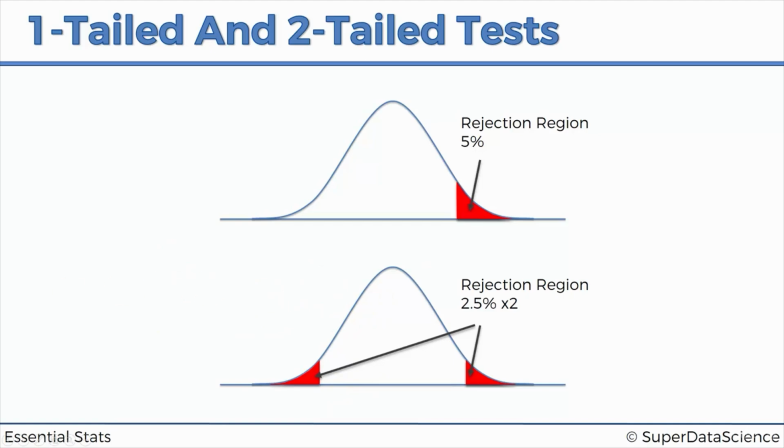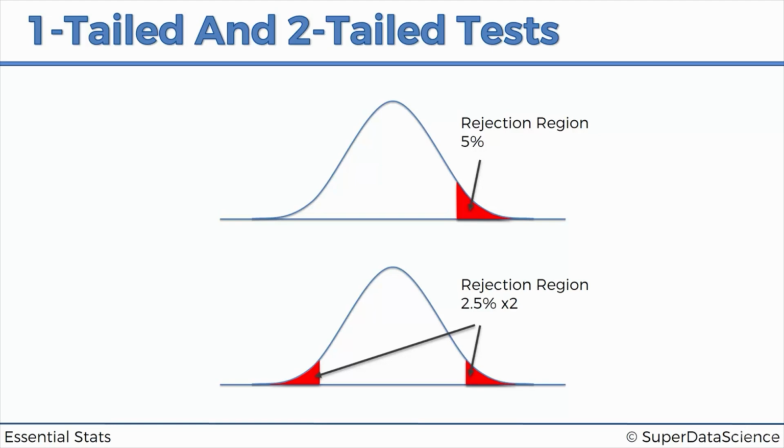In my opinion, the only situations where you should do a one-tailed test is where you can justify that it has to be a one-tailed test, that it's not an option for the effect to be in the other direction. In the case when you're not sure about that, it's just safer to go with a two-tailed test.